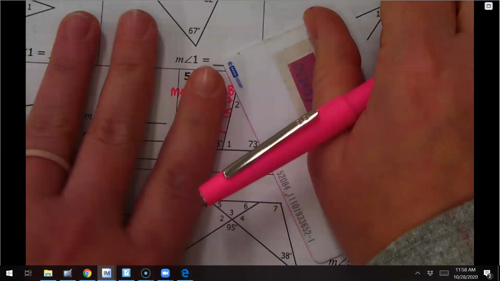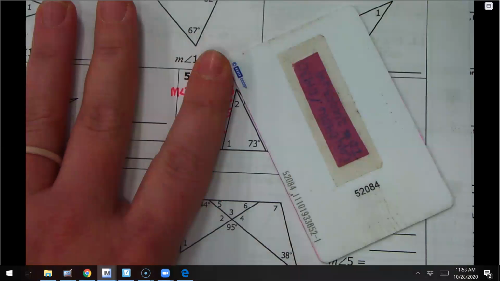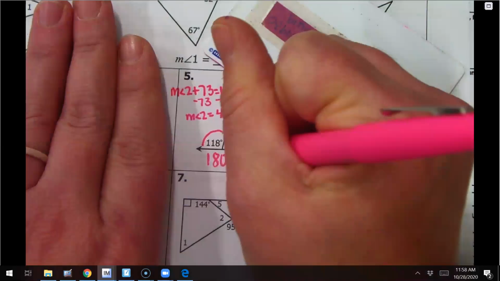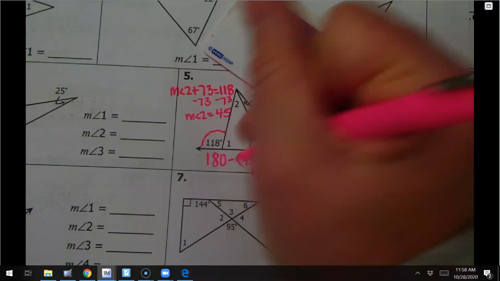We're going to have to do 45 plus 73, add those up, and subtract it from 180. So what is 45 plus 73? Okay, so 118. 180 minus 118 is 62 degrees. That's angle number 1.